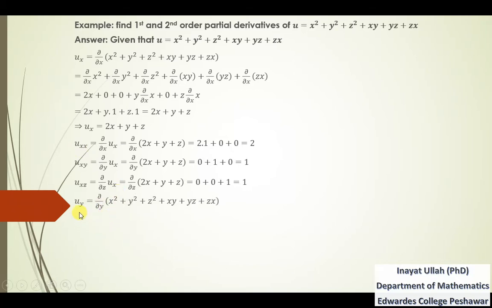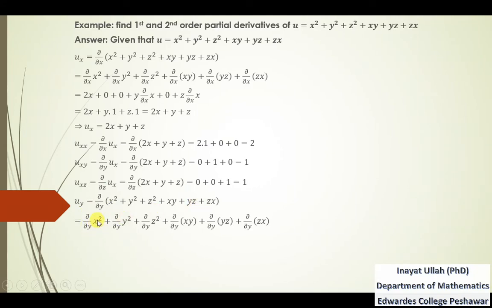Similarly, uy, the partial derivative of u with respect to y. Now with respect to y, that is the sum rule, so multiplying del by del y with all those terms.